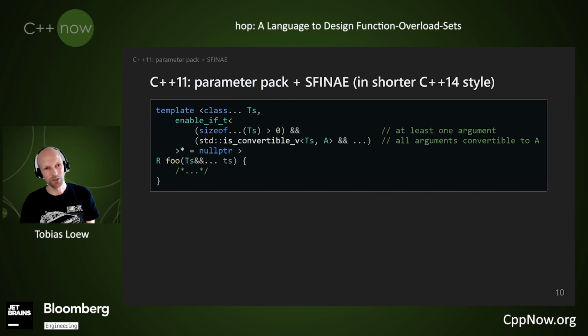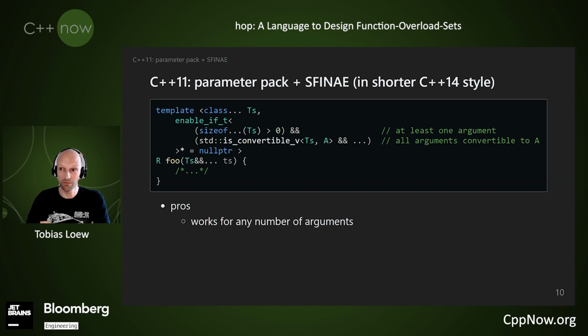Okay, also with C++11, we got SFINAE or enable_if in the standard, and we could write a function like this where we require at least one argument, and we want all our arguments to be convertible to some given type A. And here the pros, again, it works for any number of arguments.